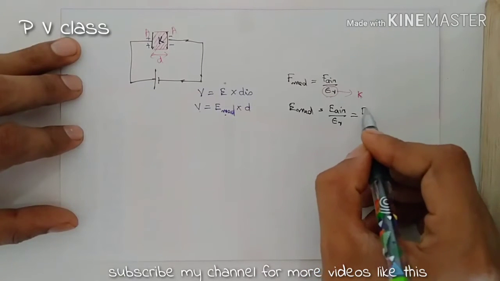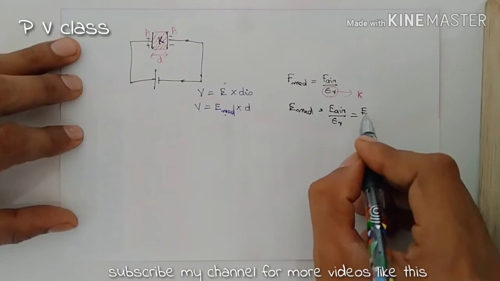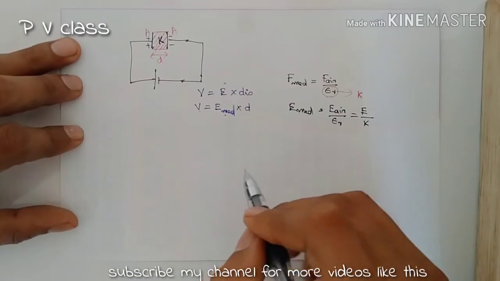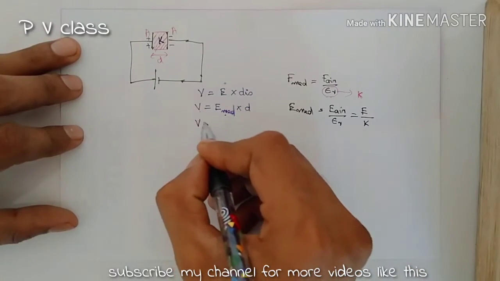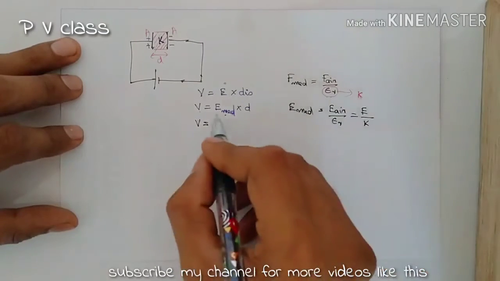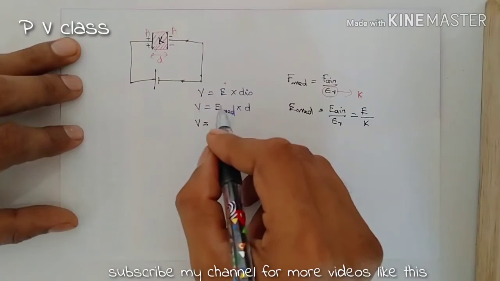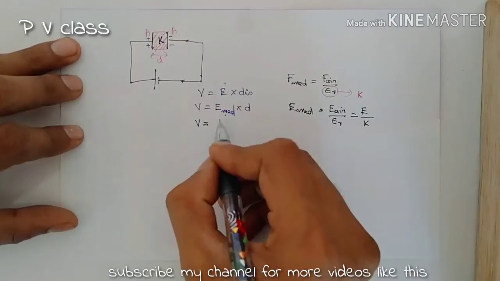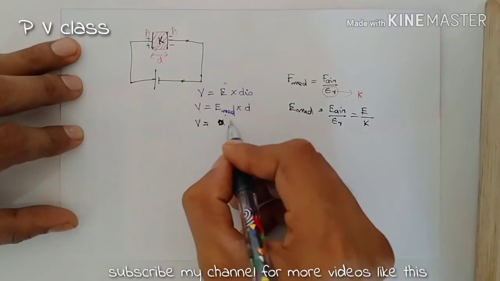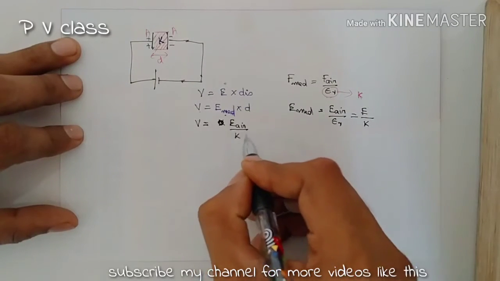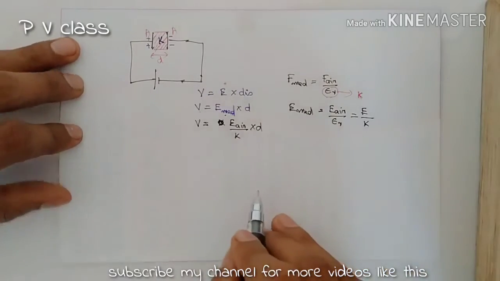We could write E air, I am denoting E air as E divided by K. Therefore, we could use that information in this derivation, that is V is equal to, instead of electric field intensity in medium, we are writing E air divided by K into D.